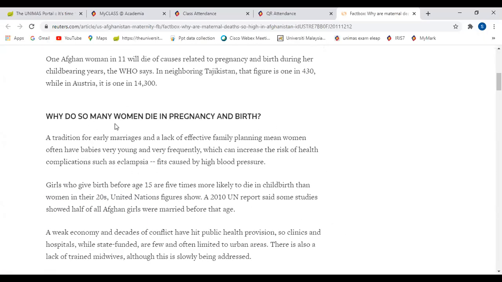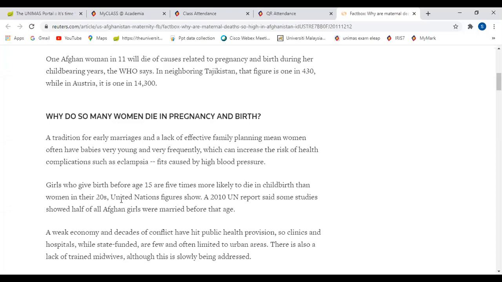So reason why do so many women die in pregnancy and birth? Okay, a tradition of early marriages is one of those lah, yeah. Early marriages and lack of effective family planning mean that women often have babies very young and very frequently, which can increase the risk of health complications, ya, dan sebagainya, ya.